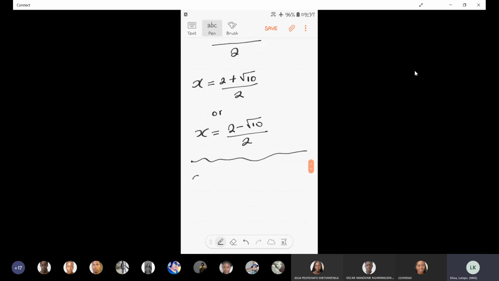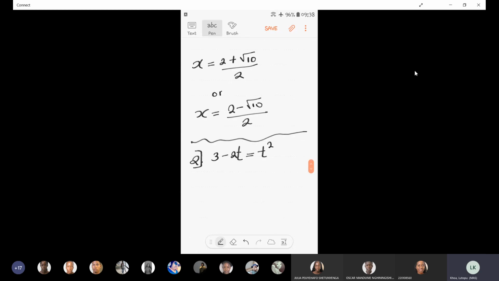Then number 2, we have 3 minus 2t is equal to t squared. So our quadratic equations need not be in terms of x. It can be any other variable, and not even just the English letters.